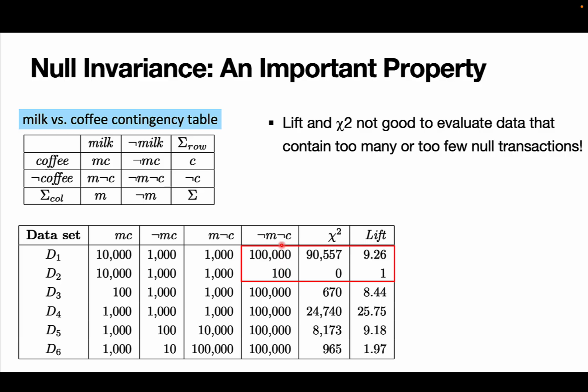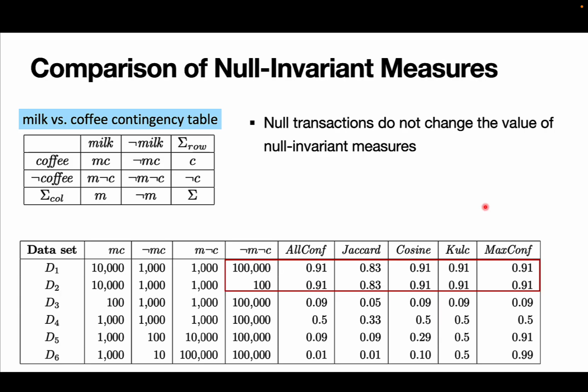It's very clear how chi-square and lift significantly dropped once the number of null transactions dropped. So in other words, lift and chi-square will significantly go up and down based on the value of the null transactions, which is something that is not good. Next, we will study the behavior of the null invariant measures we just overviewed.